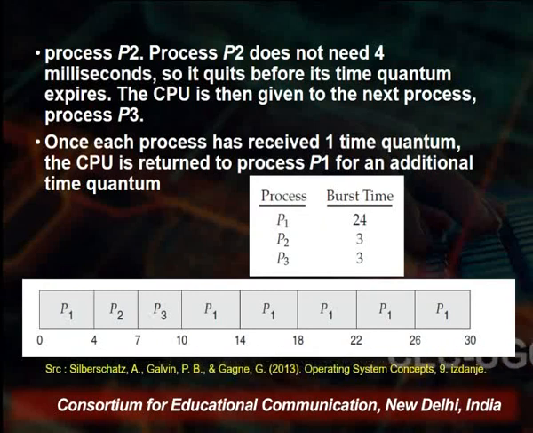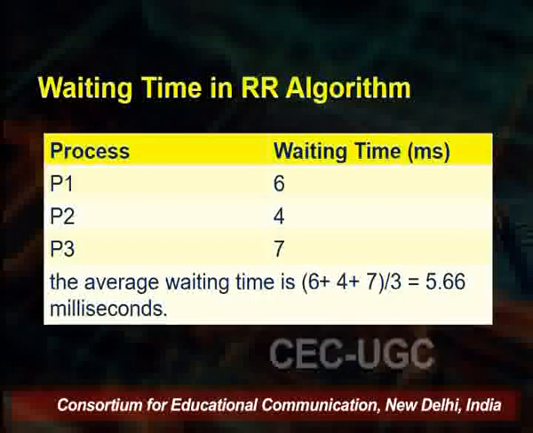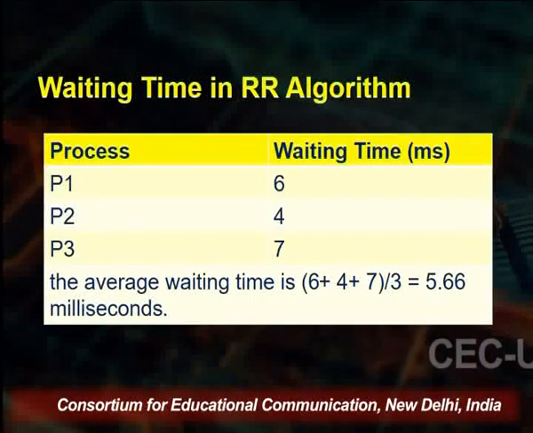After this, the process P1 will have the CPU completely. Why no change? Because after this no process is coming. Each process will receive one time quantum and the CPU will be returned to the process for the additional time quantums which are left.